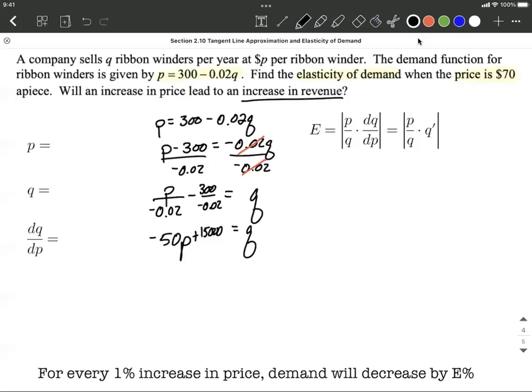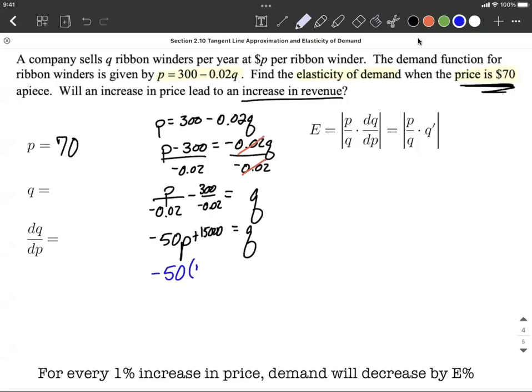All right, some other things that we can start answering on this. One thing we want to know is, what is our price P? Well, that was given in the original: we want a price of $70 to compute our elasticity of demand. Now, our quantity that we're going to be selling, if we charge $70, will be found if we take 70 and plug it into this demand function.